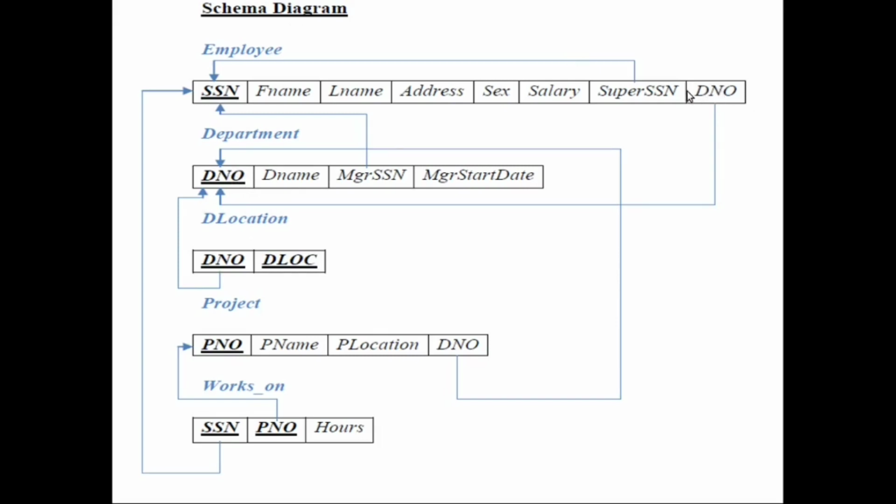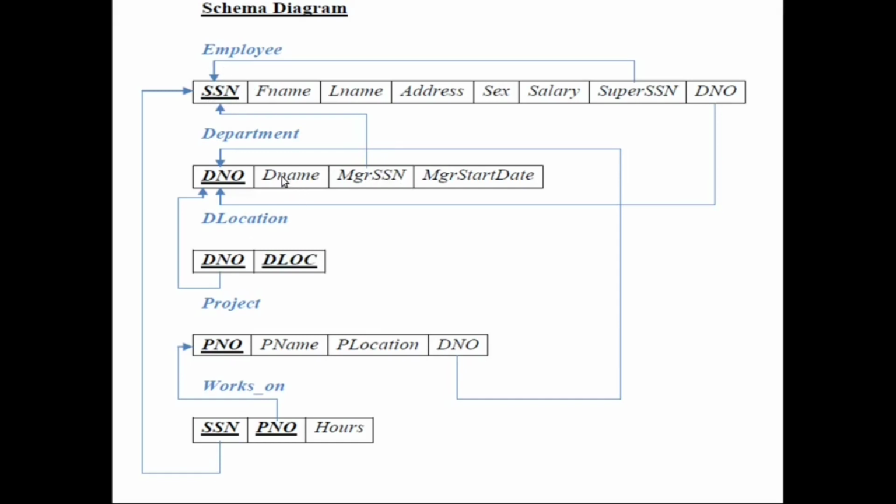One rule is that before you create a foreign key, we have to create the primary key. The primary key here is a parent key, and the foreign key is a child key. So the parent key has to be created first before the foreign key. For example, manager SSN is a foreign key that refers to SSN of the employee table.